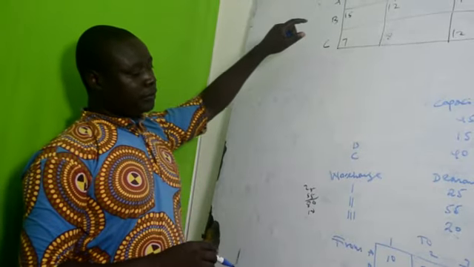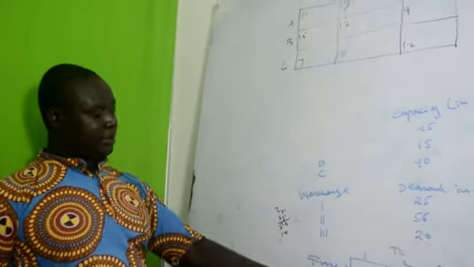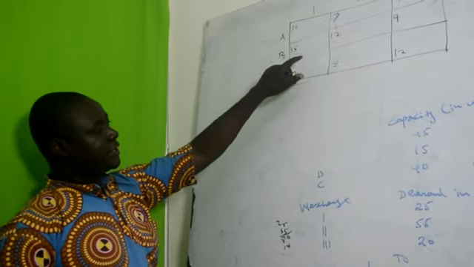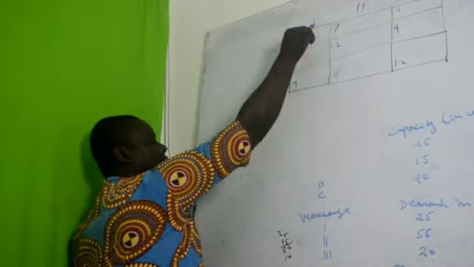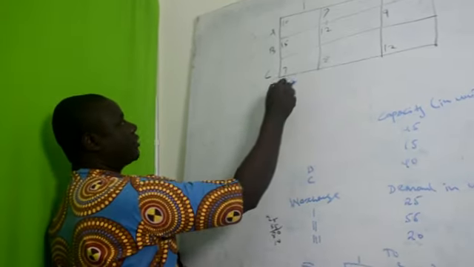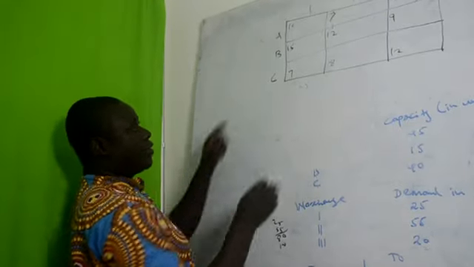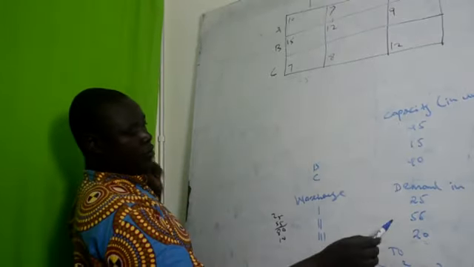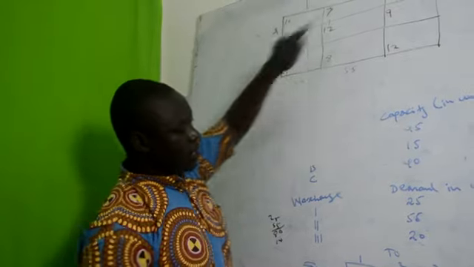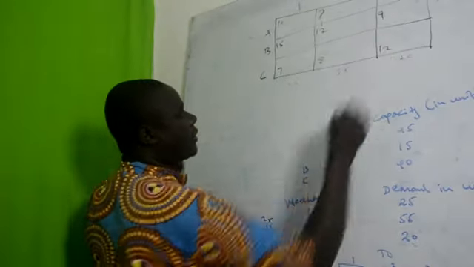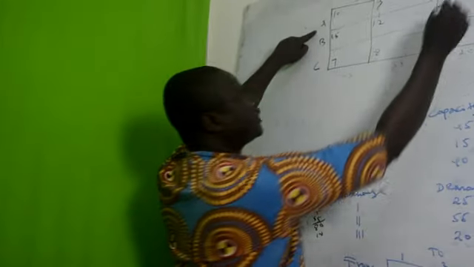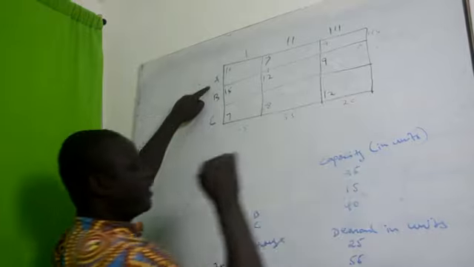So this is the table that you are given. Now you have to put those capacities. For example, warehouse 1 was 25, so we are going to put 25 here. Warehouse 2 was 55 there. Warehouse 3 was 20, so 20 there. If you come to the factories, factory A has a capacity of 45, so you put 45 there.